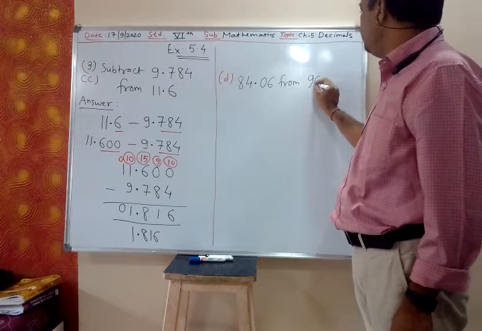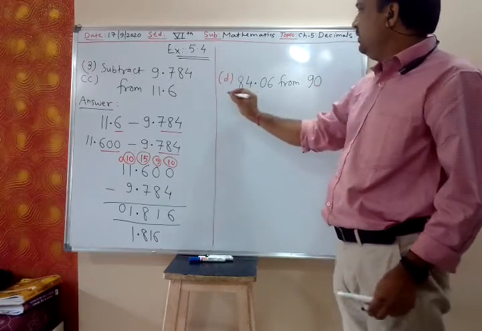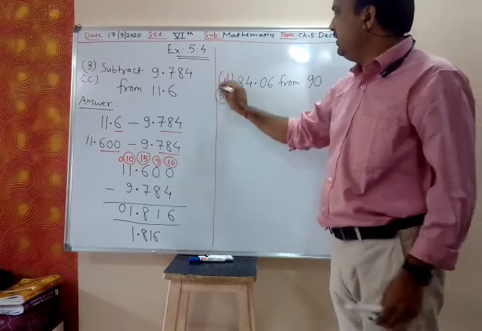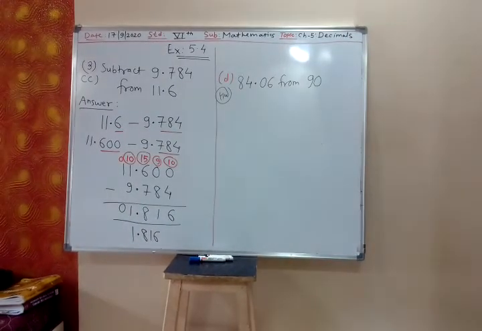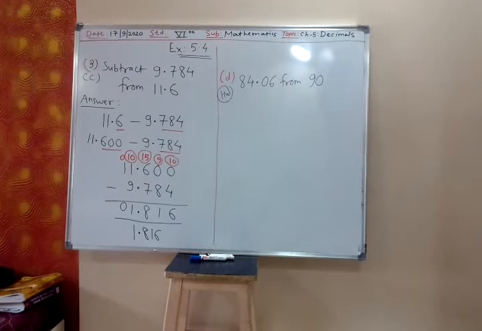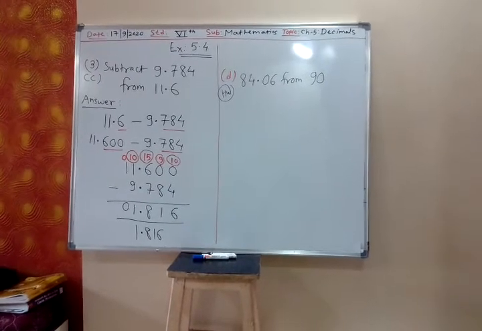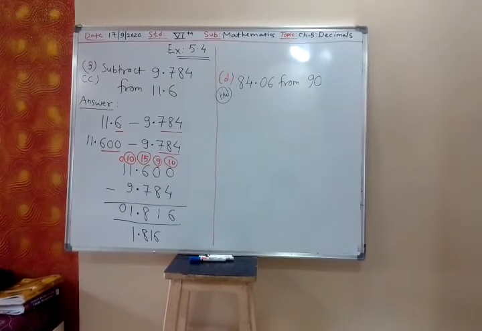From 90 you have to subtract 84.06. So now take this as homework.